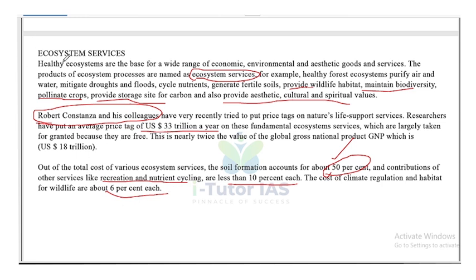So we have seen what ecosystem services are, and when we put a price tag on each of the services that the ecosystem provides us, it's around $33 trillion. It's a rough estimate; the ecosystem is doing much more than this. Soil formation is a very important ecosystem service, and it accounts for 50% of the value of the ecosystem services provided.